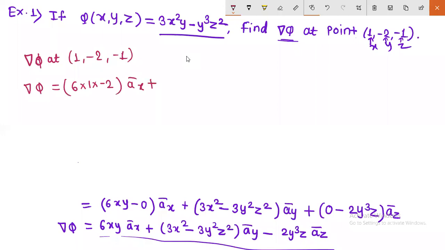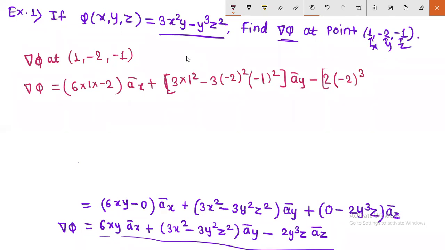Then plus 3 into x square, x square is 1 square, minus 3 into y square, y square is minus 2 square, and z square, z is minus 1 square, bracket complete, unit vector a bar y, minus 2 into y cube, y is minus 2 its cube, into z, z is minus 1, into unit vector a bar z.